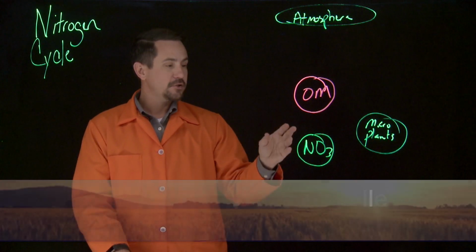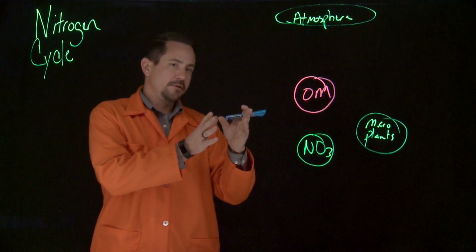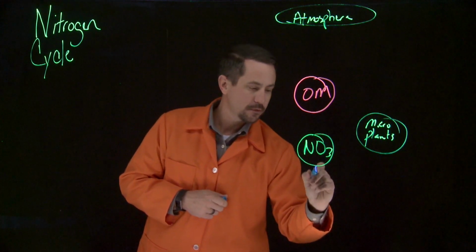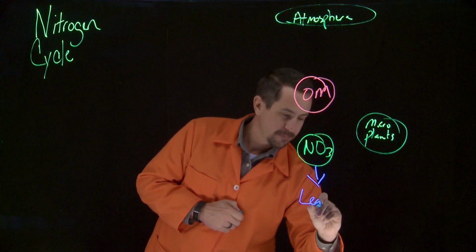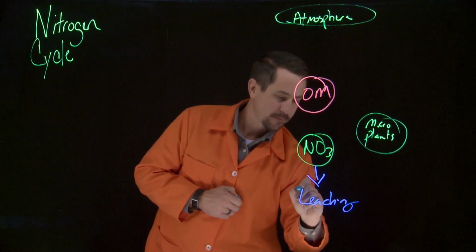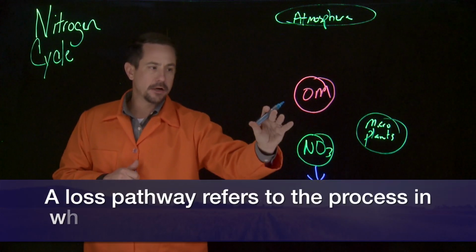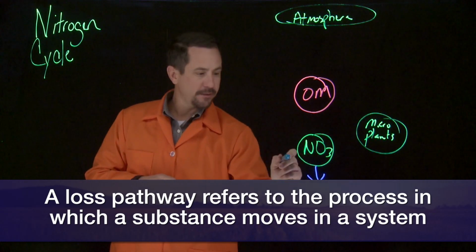So we have our one central component and three nitrogen sinks. In addition to that, we also have our loss pathways. Now we have four loss pathways that all these students learn about. From nitrate, we have the leaching pathway. Leaching is water moving down and carrying nitrate with it. From nitrate, we have a couple other pathways.